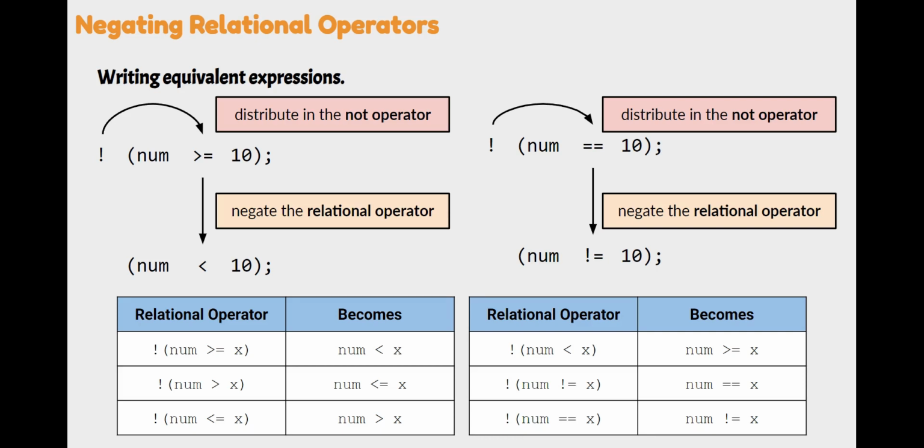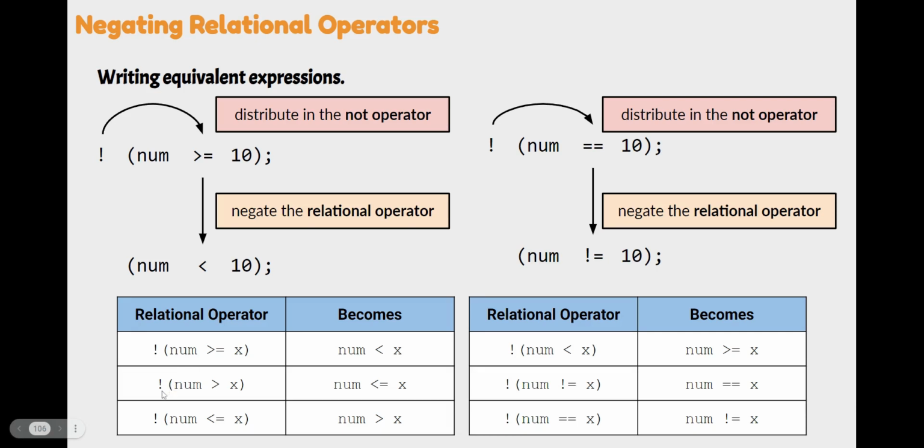In the second statement, which is an equivalent expression, we are saying we don't want numbers that are equal to 10. In the tables on the bottom, we see how to negate each of our 6 relational operators. So when we say we don't want numbers that are greater than or equal to x, that means we want numbers that are less than x. Negating the greater than or equal to gives us the less than.